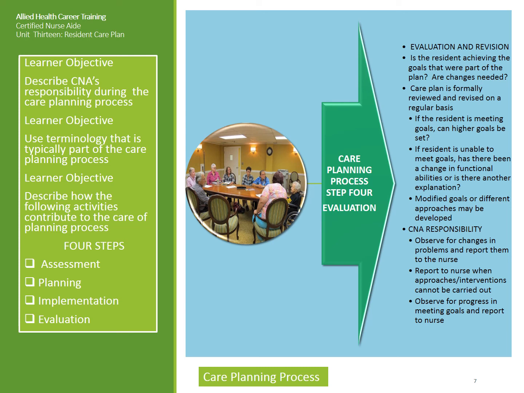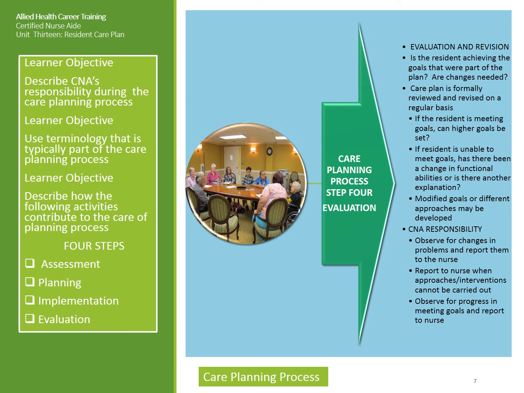If the resident is meeting the goals, can higher goals be set? If the resident is unable to meet these goals, has there been a change in their functional abilities? Or is there another explanation why they couldn't reach those goals? What was it? We need to know. That's very important.